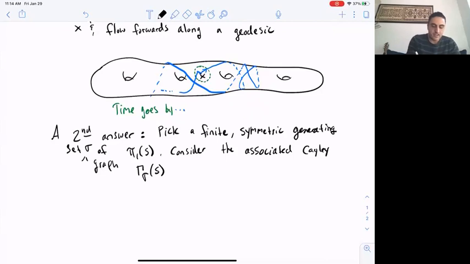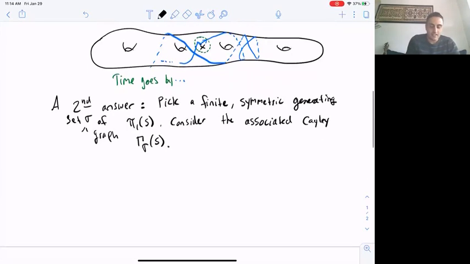Okay, and then what I could do is just put a uniform distribution on the finitely many elements in this generating set. So if there's n elements in the generating set, I'm going to assign a weight of 1 over n to each of those elements. And now the Cayley graph with respect to that generating set has the structure. It's a regular graph with exactly n edges around any given vertex.